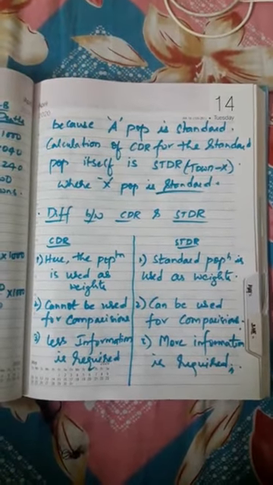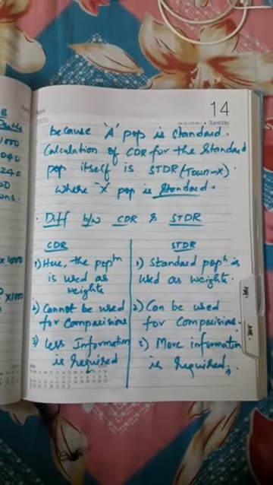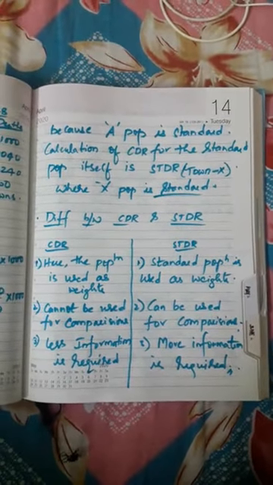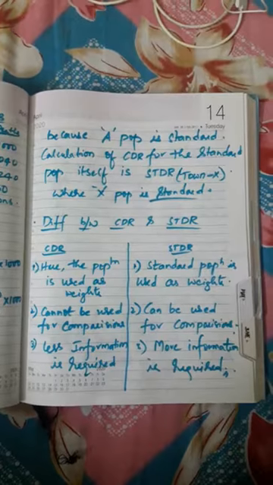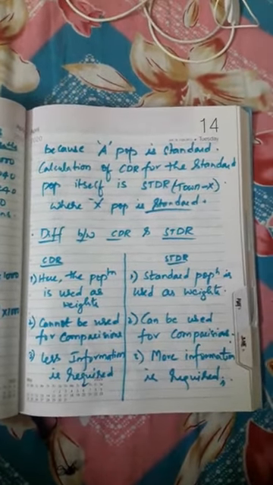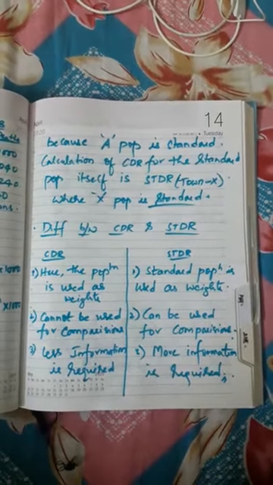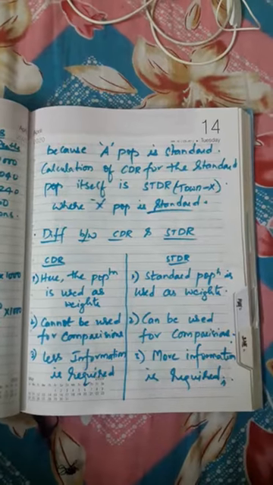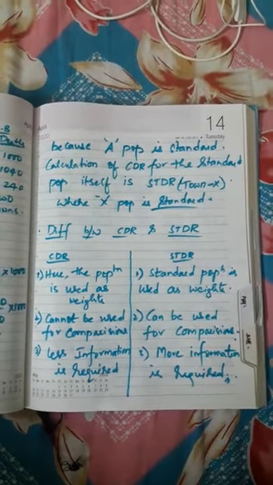Look at there. Altogether we have 3. Now CDR. Here the population is used as weights. The total population that we are calculating in CDR is nothing but weights in CDR. But in STDR, standard population is used as weights.